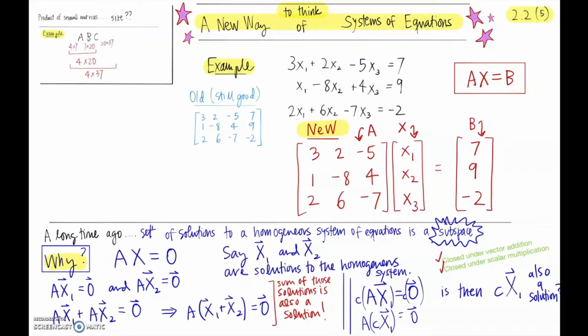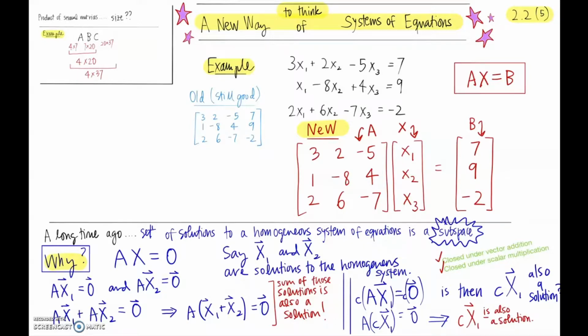So this right here shows that Cx1, you know what, let's write this in red since it's a conclusion.